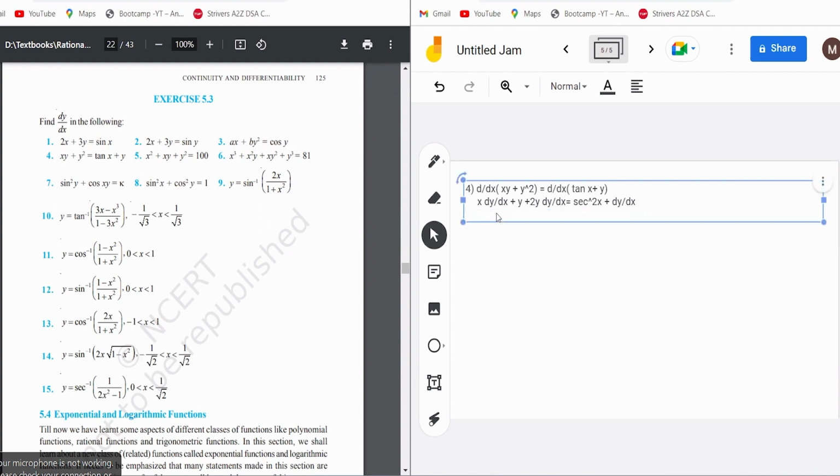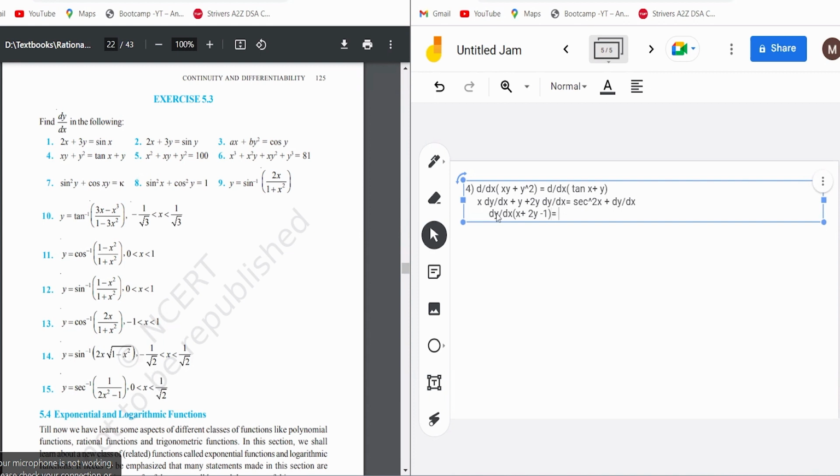सिंपल. ठीक है, फिर अपन लोग dy by dx को कॉमन ले लेंगे. Let's take dy by dx common. क्या आ जाएगा यहाँ से, आ जाएगा x plus 2y minus 1.